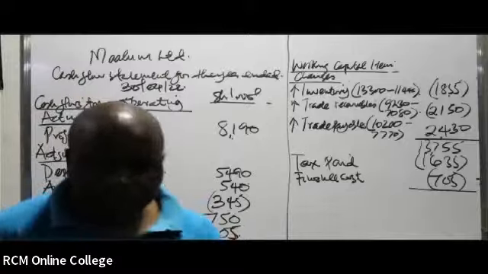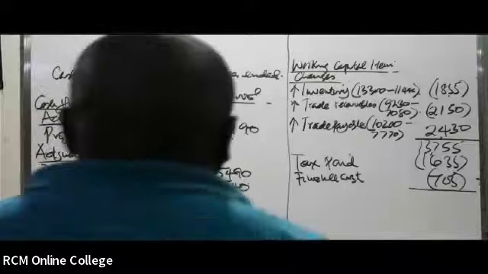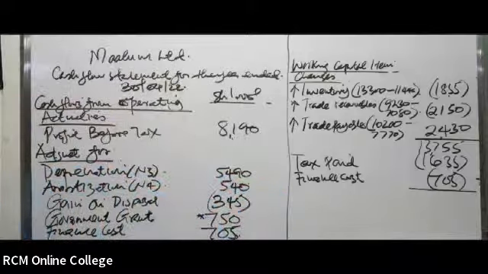Let me confirm with my calculator. We have 8190 plus 5490 plus 540 minus 345.